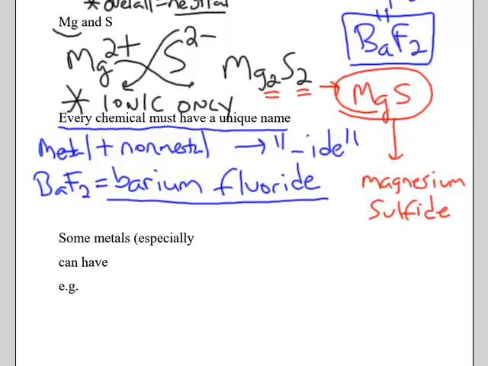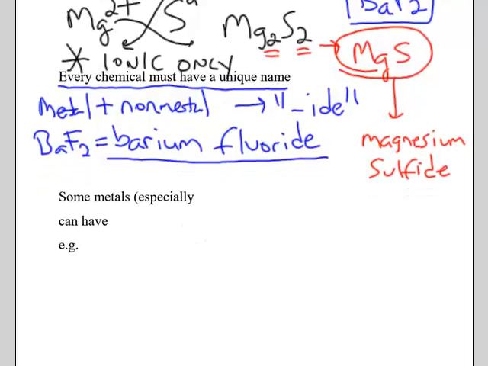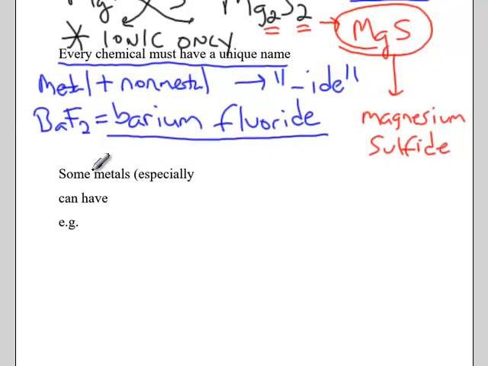Now, naming ionic compounds gets a little more complicated when you remember from chapter 4 that some metals, especially the transition metals, can have multiple charges.